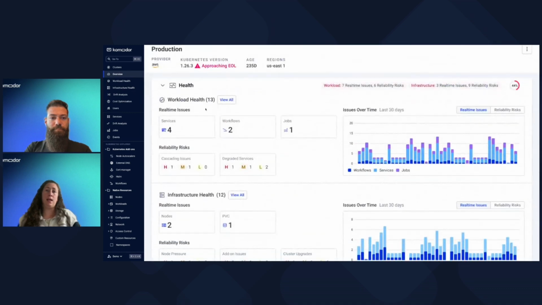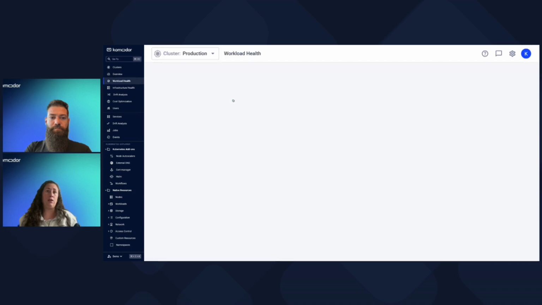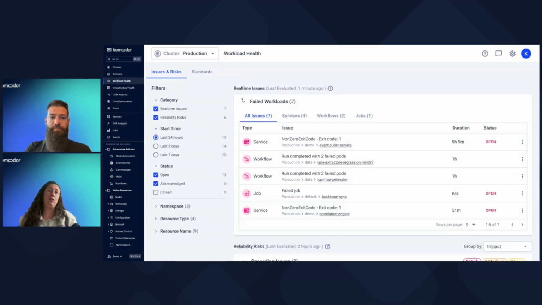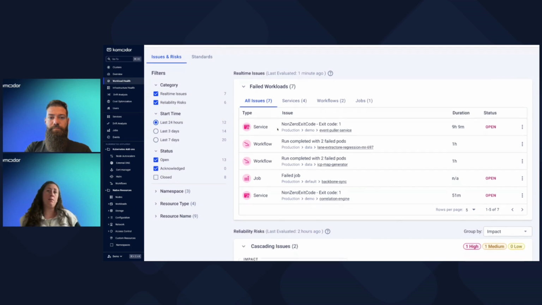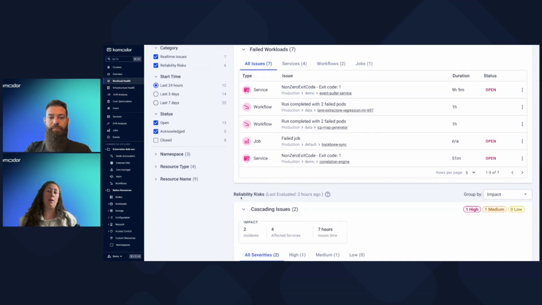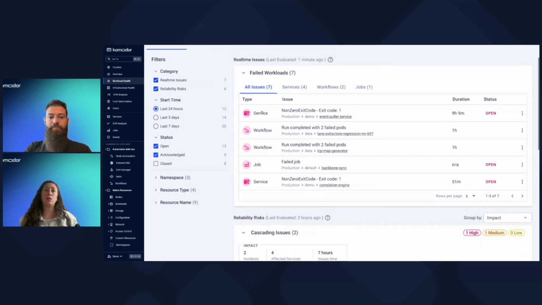So, because we're talking about Kubernetes health, let's take, for example, one of the issues here. So I'm diving into the workload health area, where we can see, again, this differentiation between the real-time issues and the reliability risks. The real-time issues, if you remember, this is when your house is on fire.